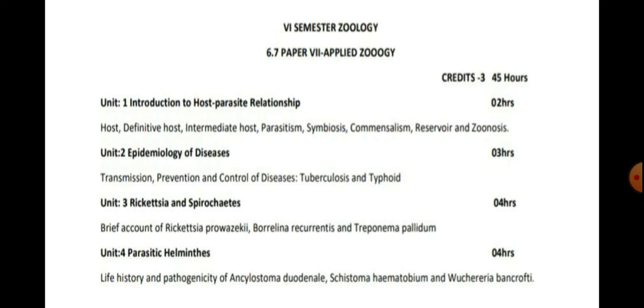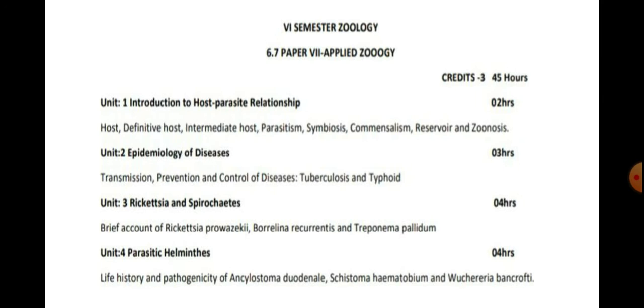It causes diseases to humans. Then spirochetes, these are spiral shaped bacteria. As the name suggests, spiro means spiral shaped bacteria which cause diseases. These are also disease causing organisms, like syphilis and relapsing fevers. These are the different diseases.